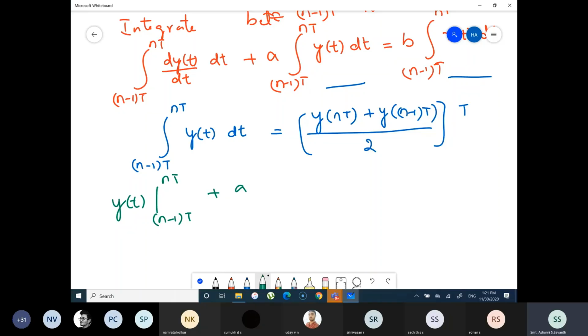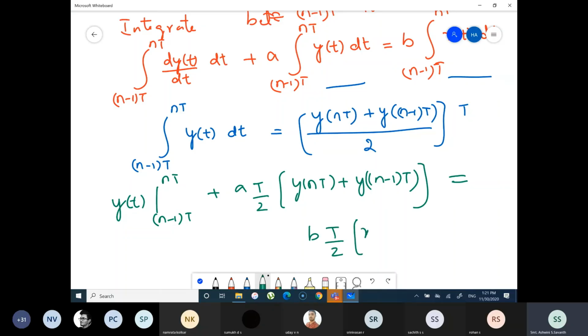Then for integral y of t, if I use the trapezoidal rule, it's t by 2 into y of nt plus y of n minus 1 into t. Equals, right hand side, we have constant b and t by 2 into x of nt plus x of n minus 1 into t.